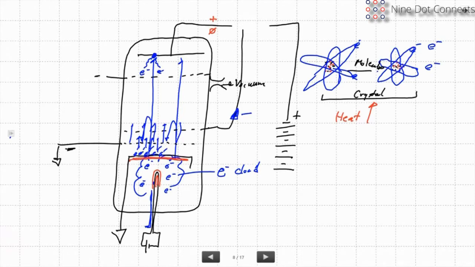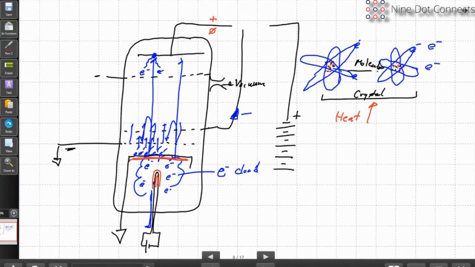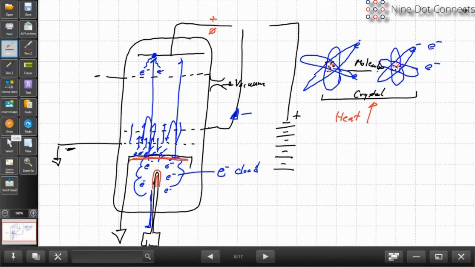Let's get a little bit more into some special things that are going to be important for the discussions of power supplies and understanding the components.